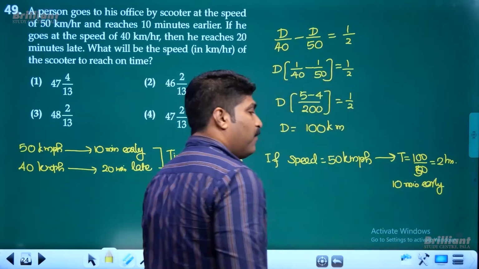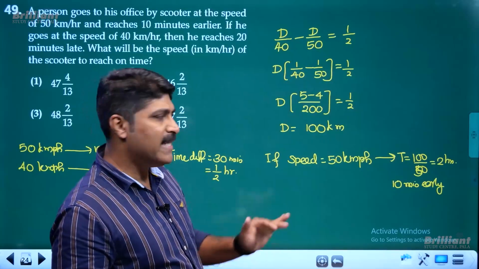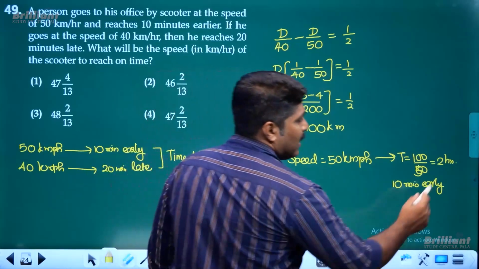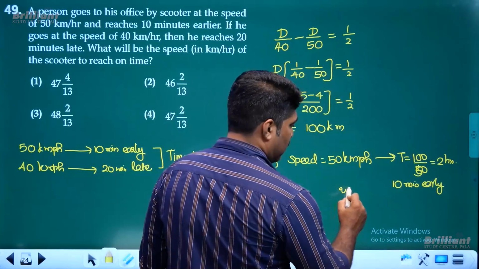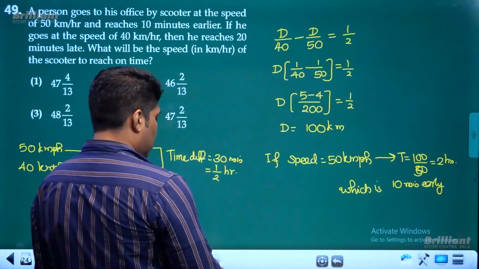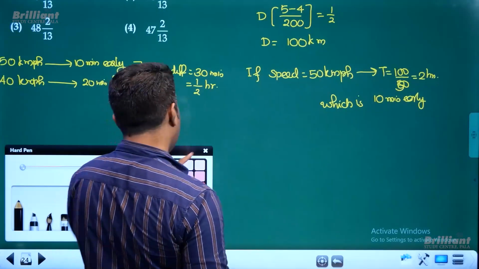Therefore, what's the actual time? That is 10 minutes less than 2 hours. If he needs to travel 10 minutes less than 2 hours. Clear? So then, how to do it?